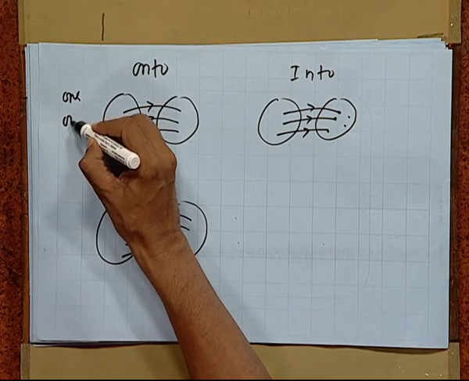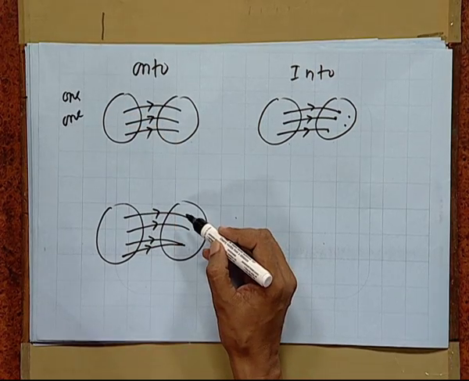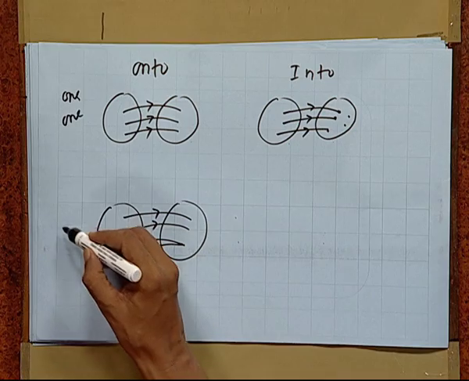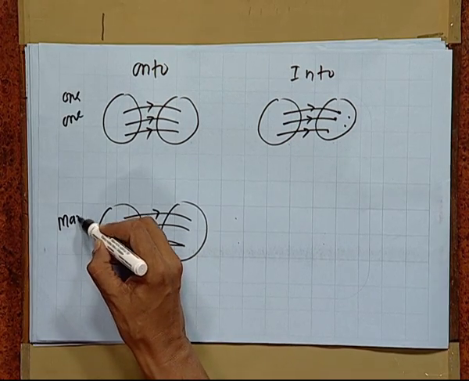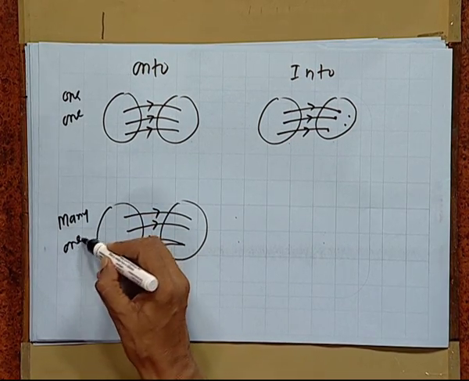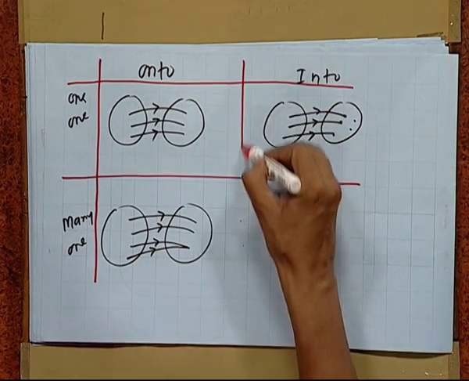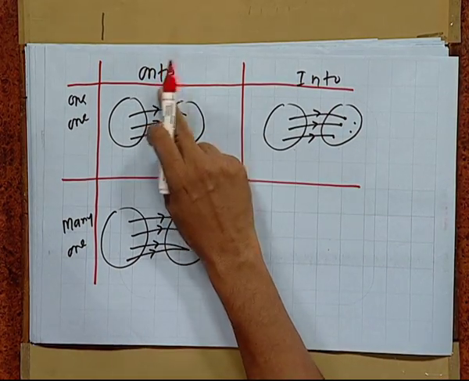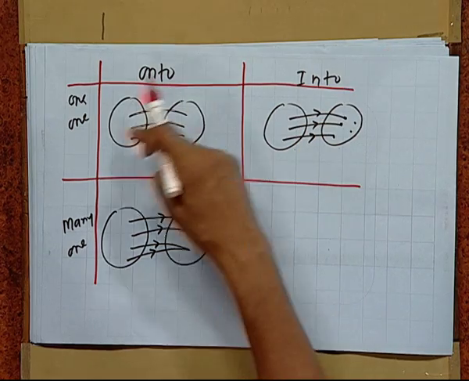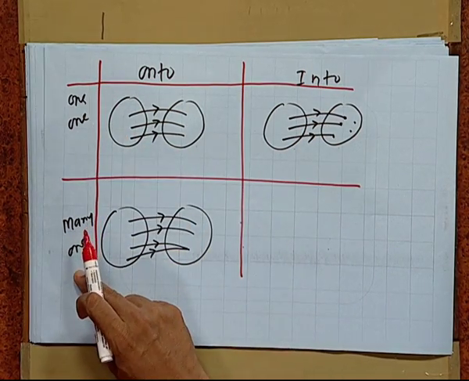So, this we call one-one function, whereas this is called many-one. So, in this sense we can classify functions into various types: onto, into, one-one and many-one.